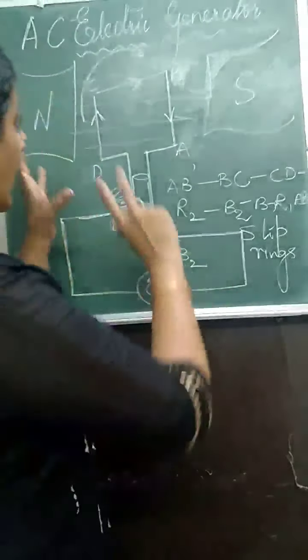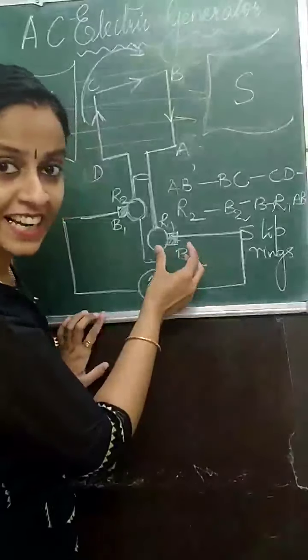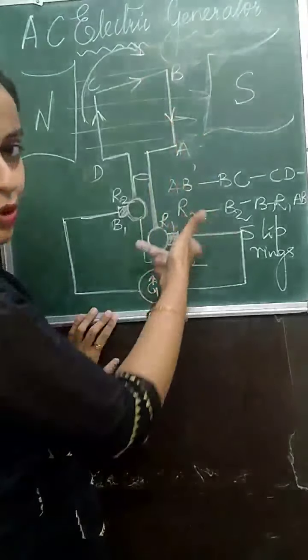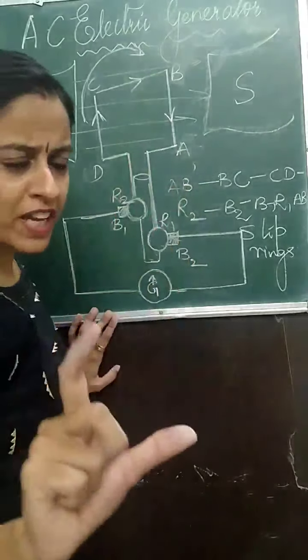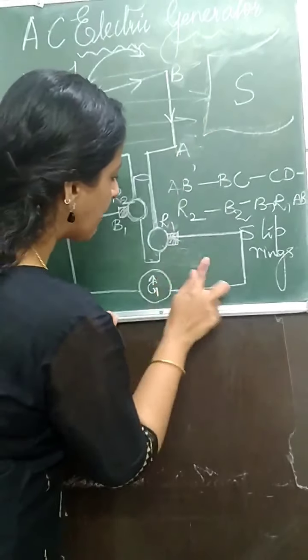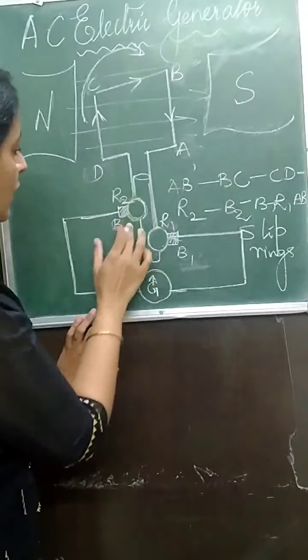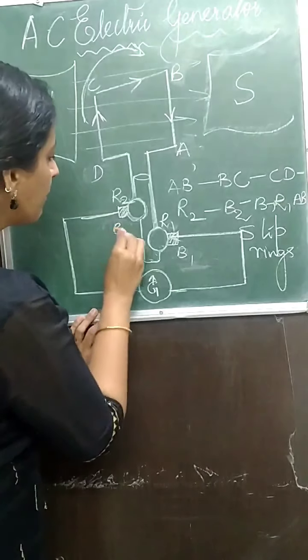Along with AB, ring R1 and brush B1 will also move. Along with R2, the brush will be B2.